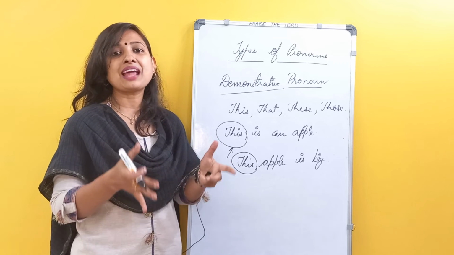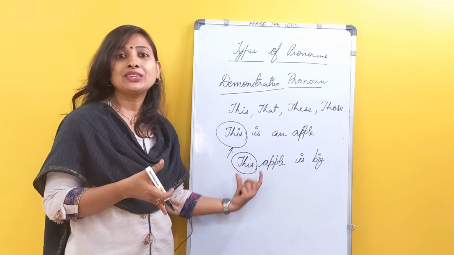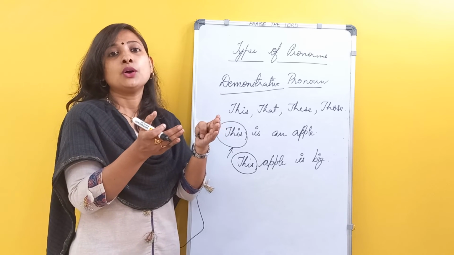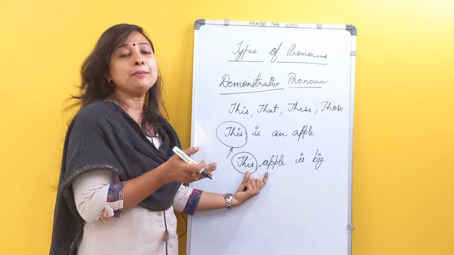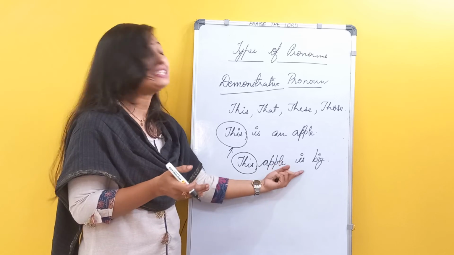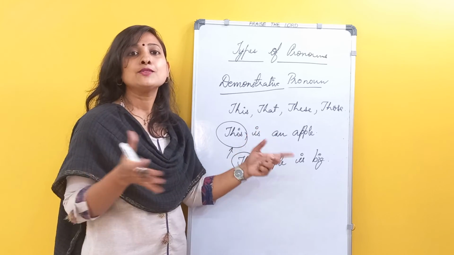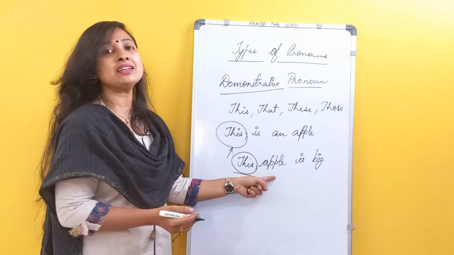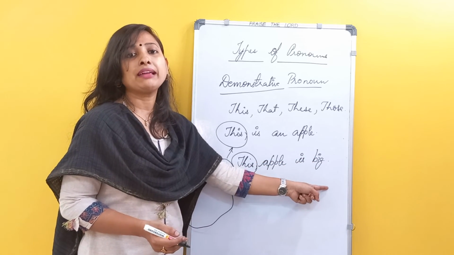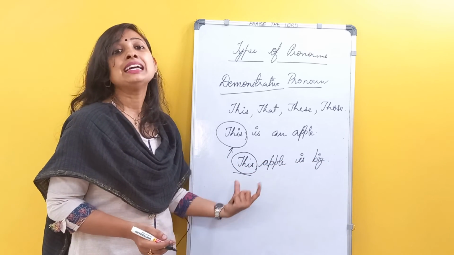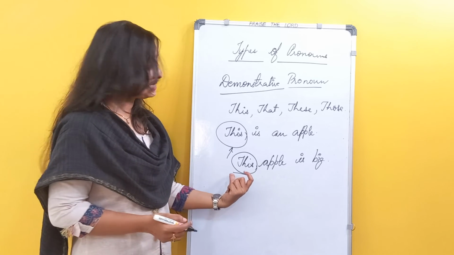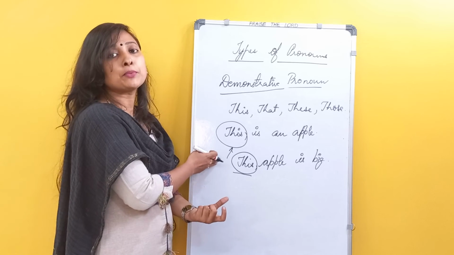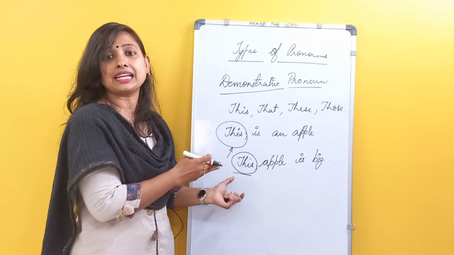Like we know, describing words are adjectives. So this apple means it is describing the apple. Then it is becoming an adjective. This apple is, how is it? Big. So this word here is used to describe the noun. So this is not a demonstrative pronoun, but rather it is used as an adjective.